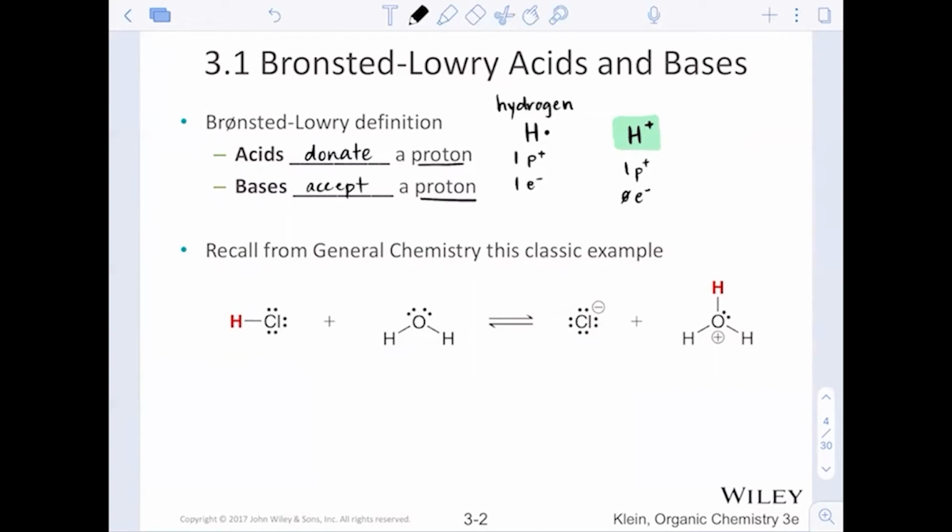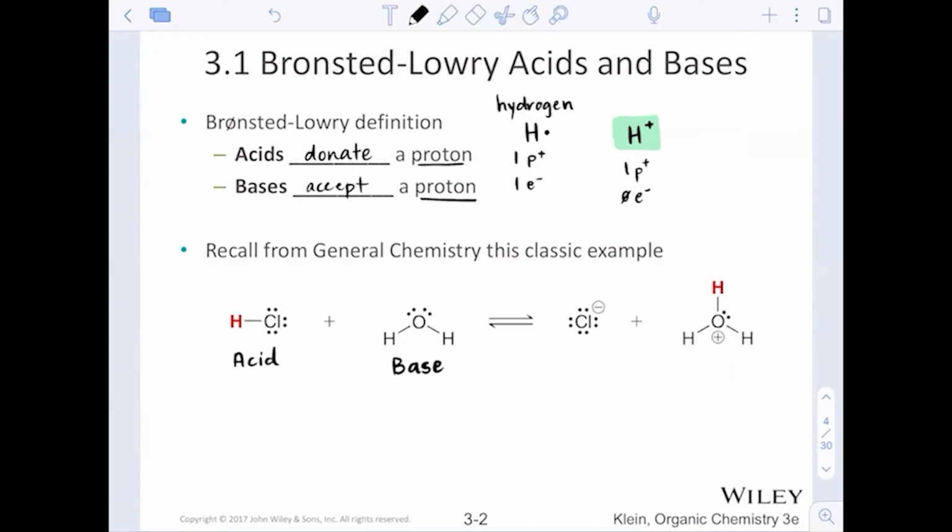Now, we recall this general chemistry example with HCl, hydrochloric acid, reacting with water. This was the acid. This was the base. Water was amphoteric. It could be an acid or a base. And in this case, it's a base because what we see is that base and acid exchange the proton.